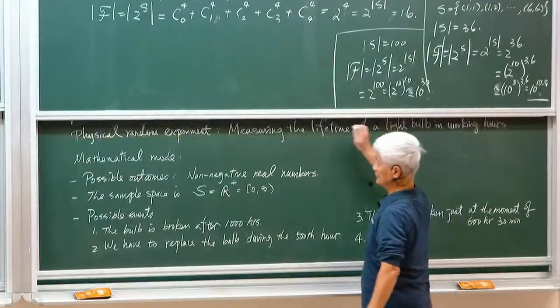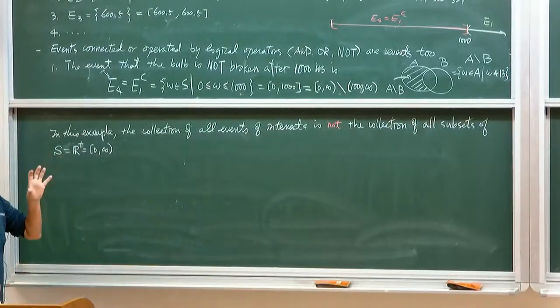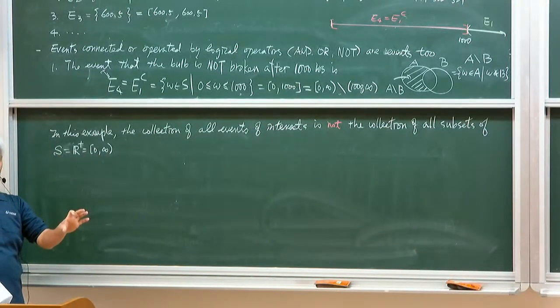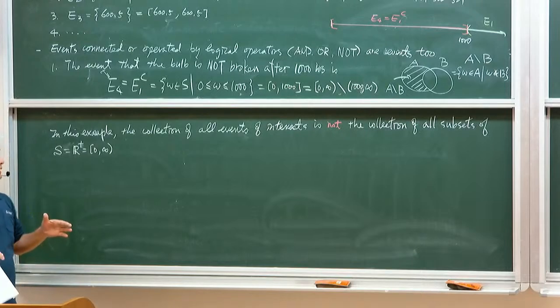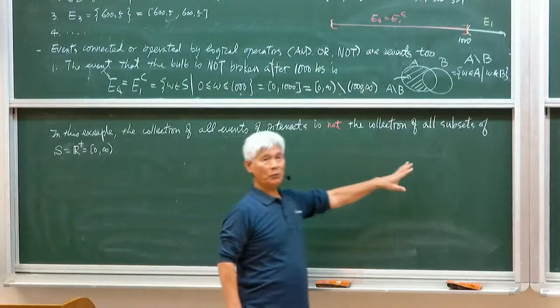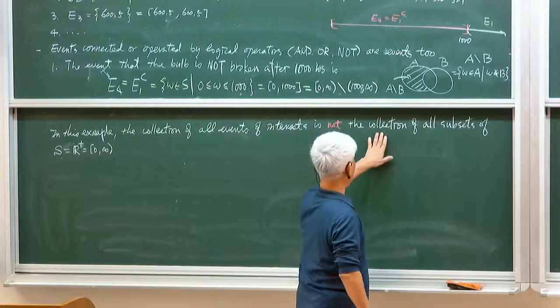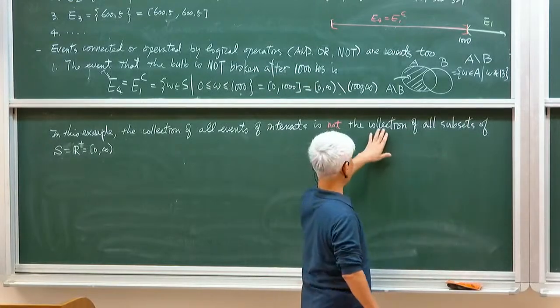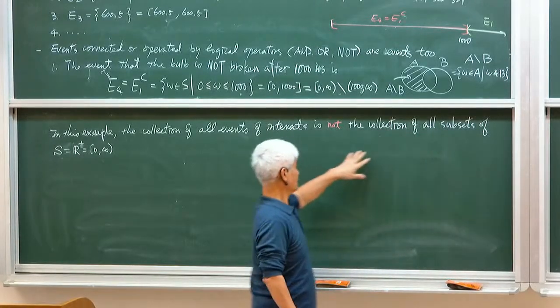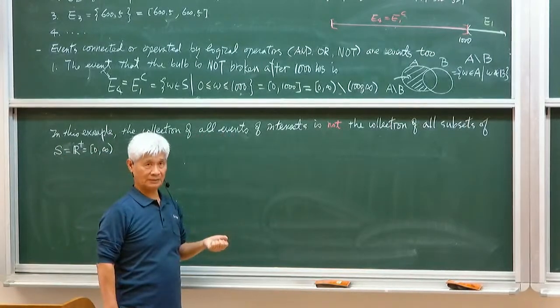Now, for a sample space with a size which we call uncountable, which means that there are many points there, we will face difficulties if we consider the collection of all subsets of this kind of sample space as the collection of all possible events.